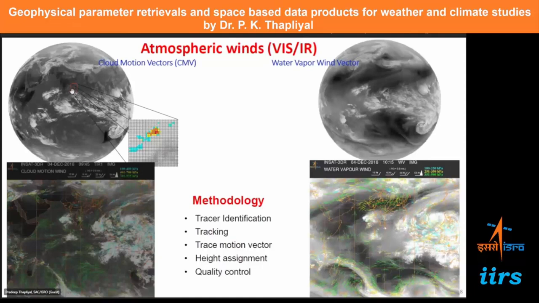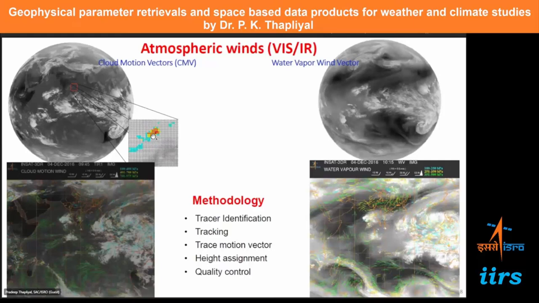what you can do is track one small tracer. You can take one small cloud here or here, and suppose this is the cloud which you can distinctly identify, that this is the cloud shape here. Now after half an hour, where will this cloud system move? Suppose it moves here, and after another half an hour it moves here. So you know that this cloud system is moving in this direction.